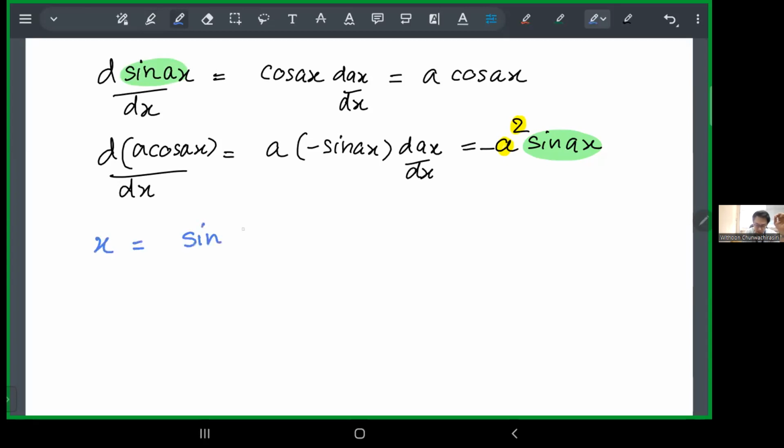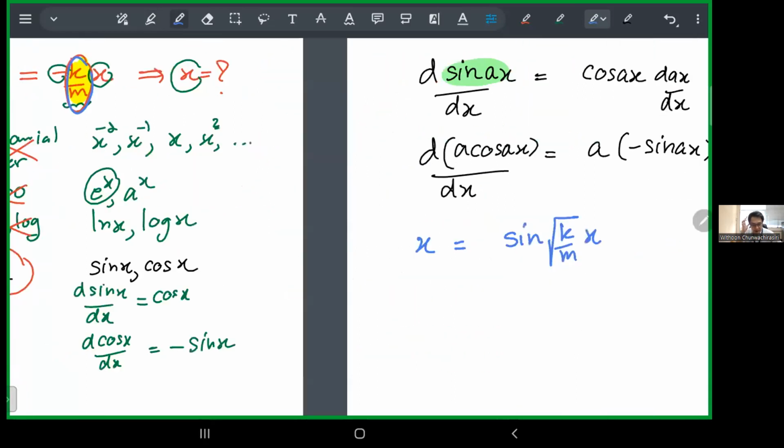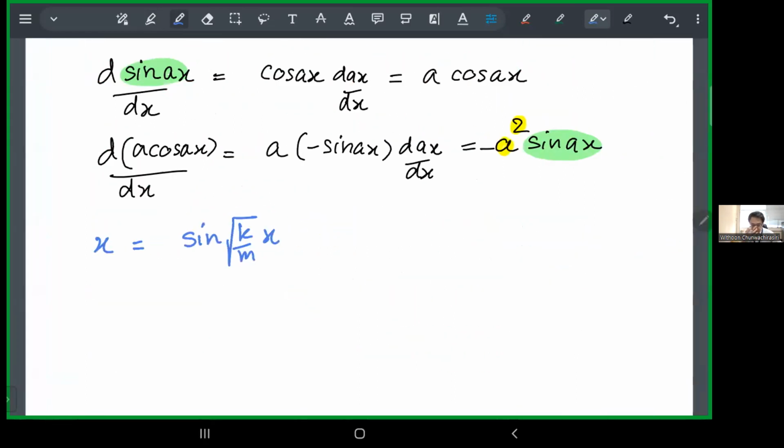Sine of the square root of k over m times x. Isn't that cool? By having the square root of k over m in front of x, it's guaranteed that once you do the second derivative, the k over m will pop up in the front.